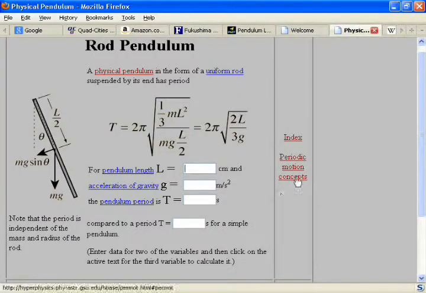Pendulum length. Now this is in centimeters, so it'd be 90 centimeters. And the acceleration of gravity, once again, for the Earth, 9.8. What's our pendulum period going to be when we take into account uniform density?